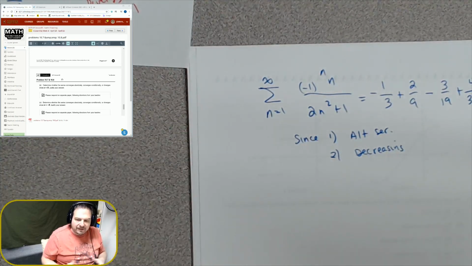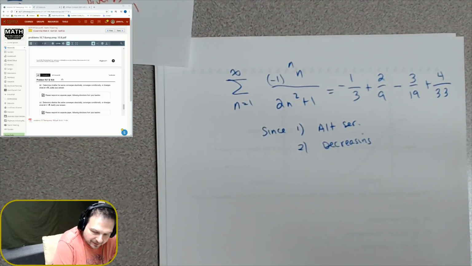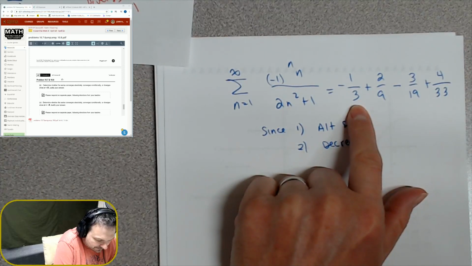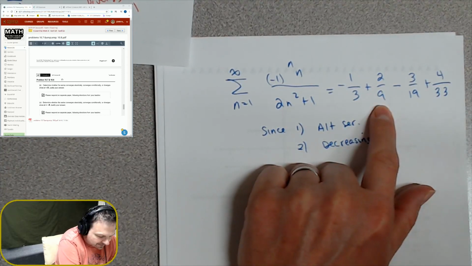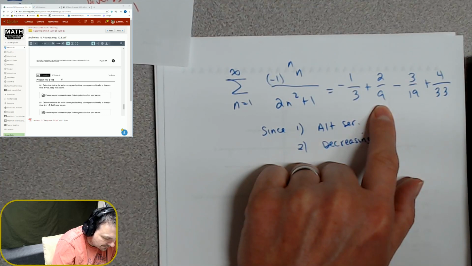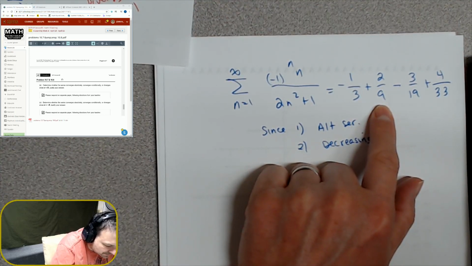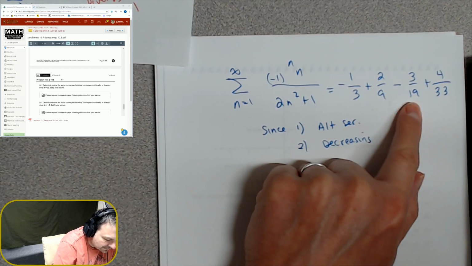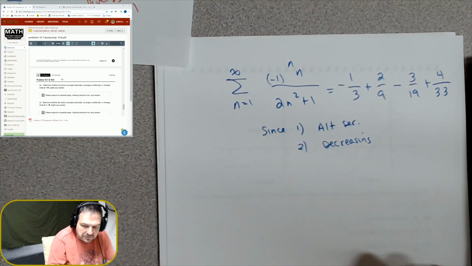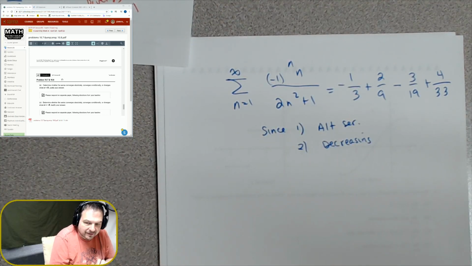Is that decreasing? Does that look decreasing to you? I got 0.3333, then 2 divided by 9 is 0.2222, then 3 divided by 19 is 0.15. Looks decreasing. So yeah, it's decreasing.